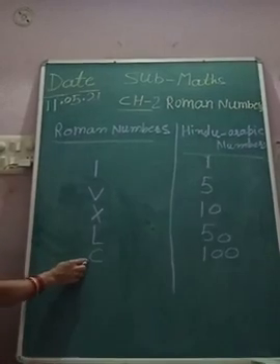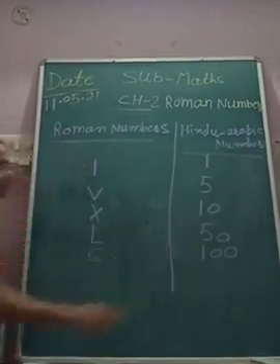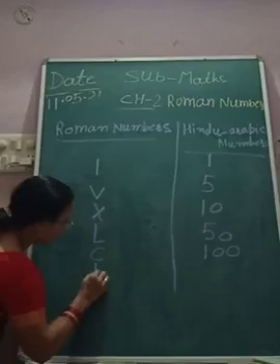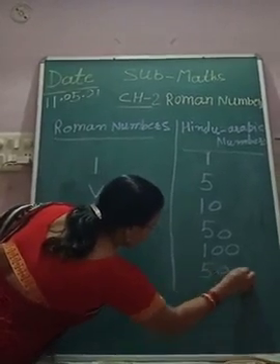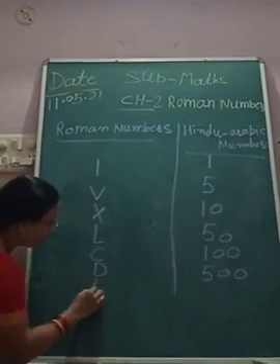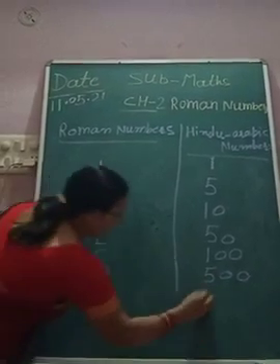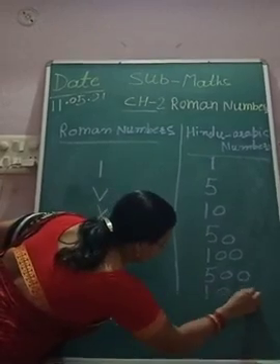Then you have another symbol, C. C means 100. After that you have D, that means 500. Then you have M. M means 1000.